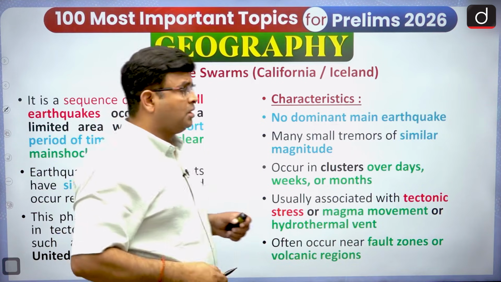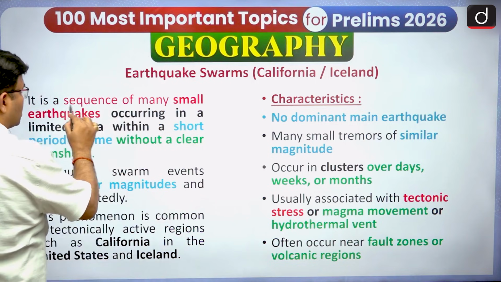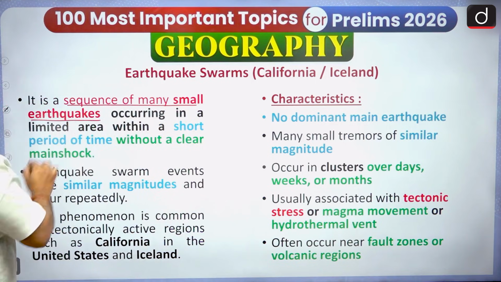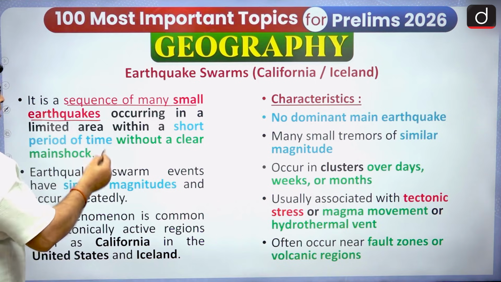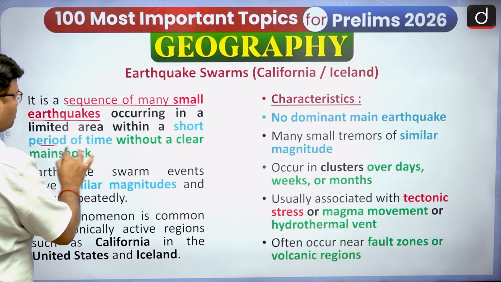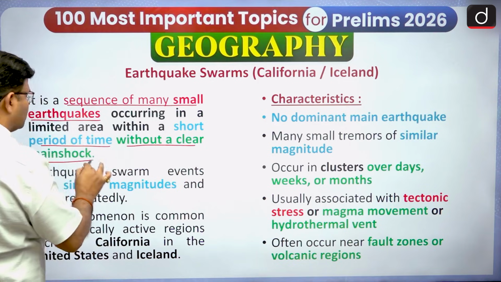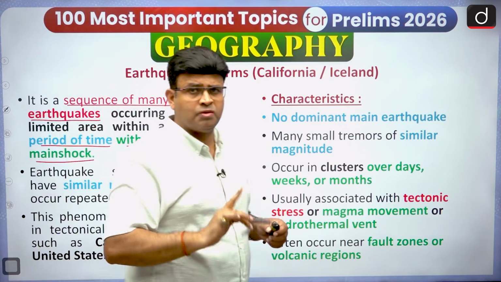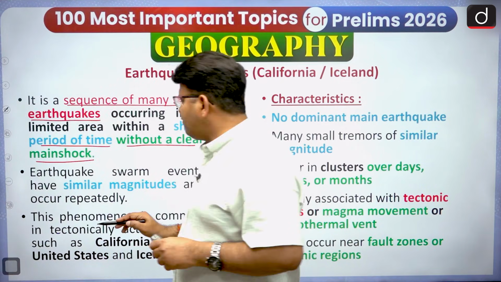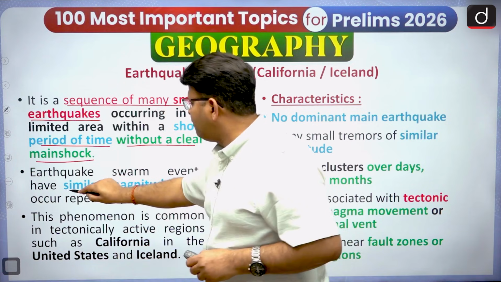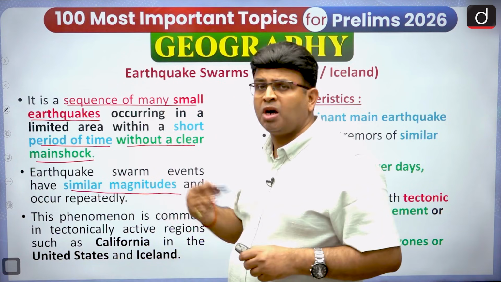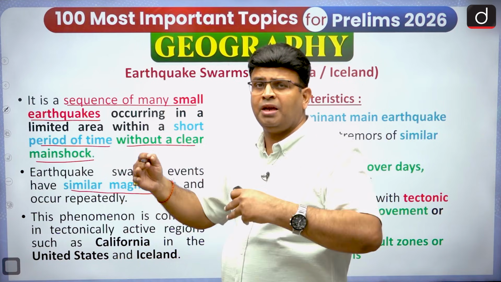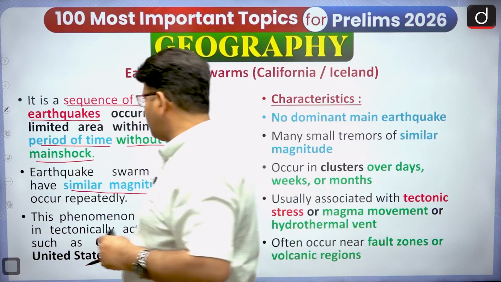Must remember that it is a sequence of many small earthquakes occurring in a limited area, not a large area, in a short period of time without a clear main shock. There will be no major shock, and every earthquake swarm event has a similar magnitude. It will not be very high and very low, but similar.